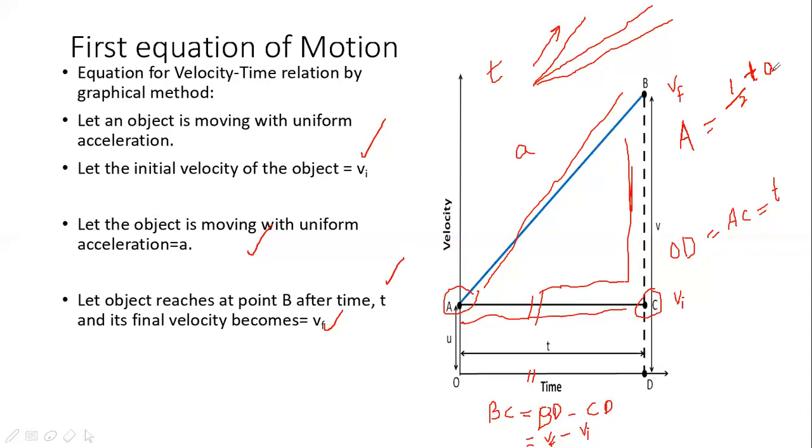The area of a rectangle is equal to length into breadth. Length is this line, represented by time.